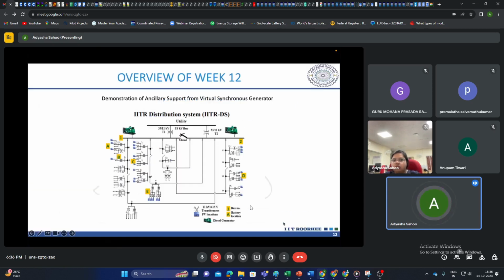So the next hardware demonstration was for the ancillary support from virtual synchronous generator.